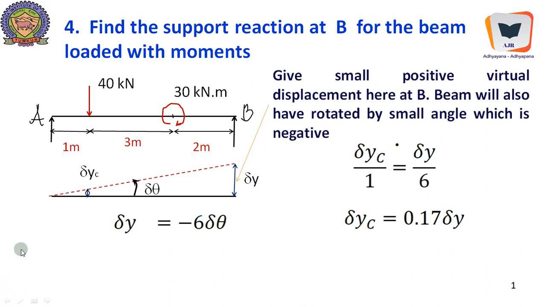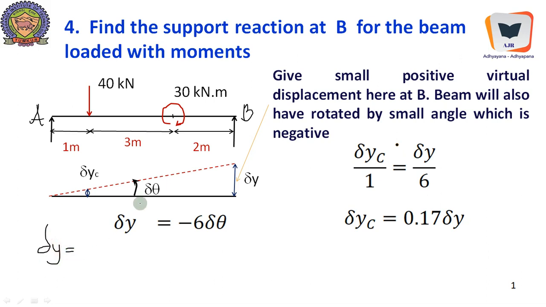The segmental length delta s can be equated to delta y, though it is curved in nature, and here it is straight. Since del y is very, very small, we can always apply the principle of the geometry of a circle, that is del y equal to r theta.